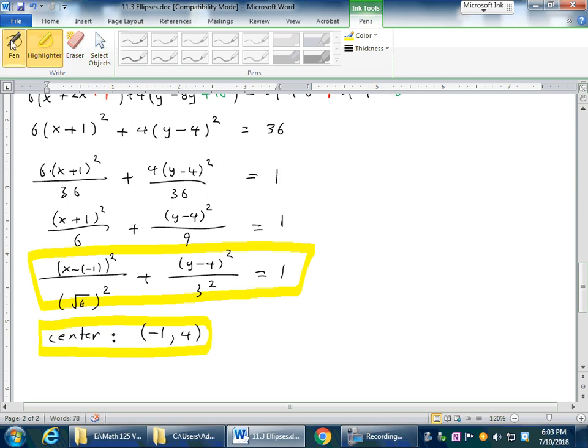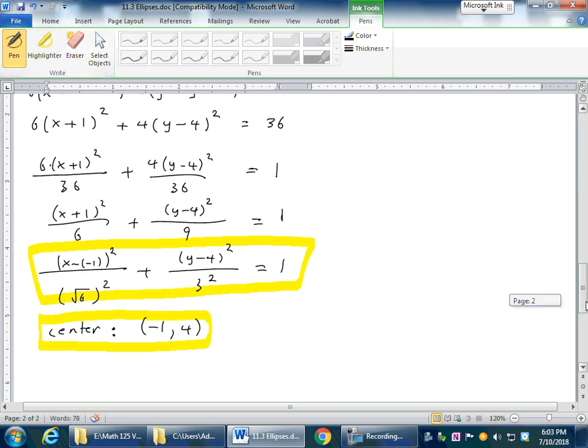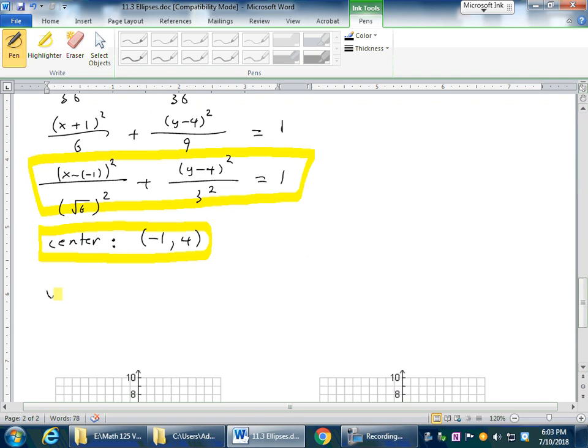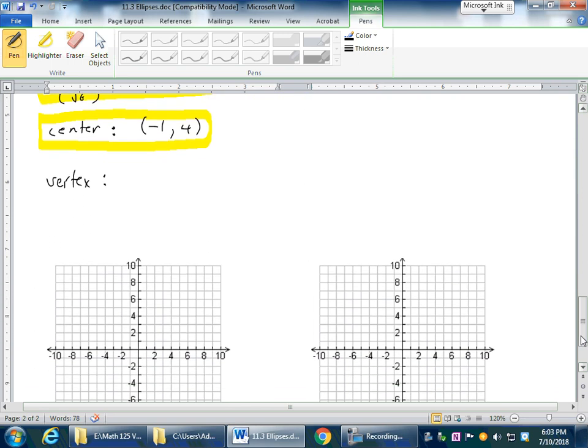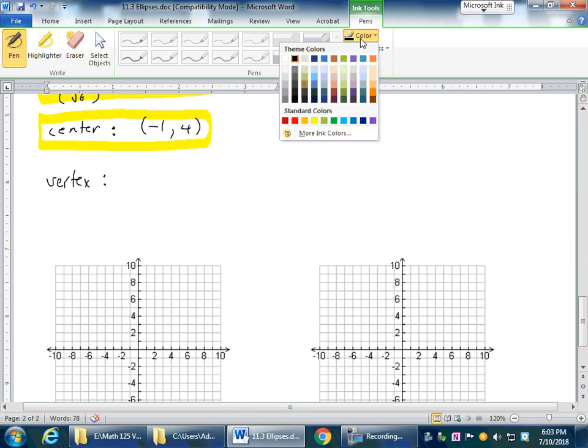And then the next thing that is asked you to find is the vertex, right? And remember, vertex, we don't need to do it right now. We can graph it first and then talk about the vertex. So the center is -1, 4, which is right here.